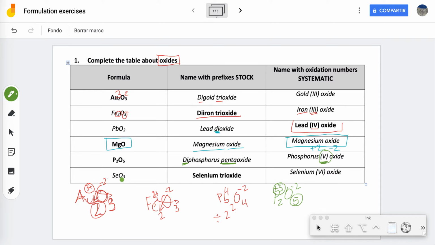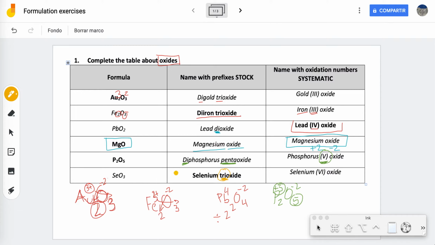Selenium and oxygen. This next exercise. So selenium trioxide. That's what we have. Selenium trioxide. So we have 1 selenium and 3 oxygens. What's the oxidation number of the selenium? Maybe we will check this out.